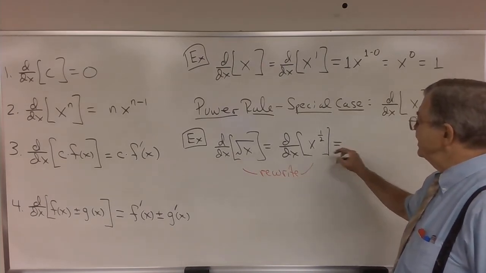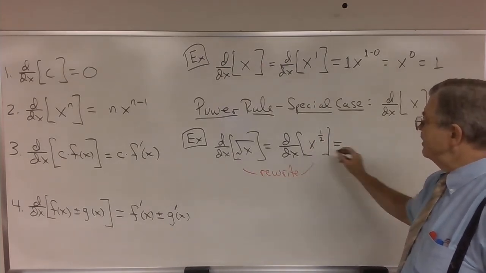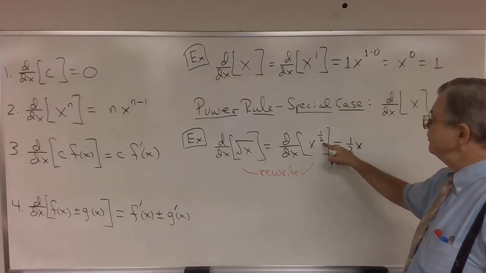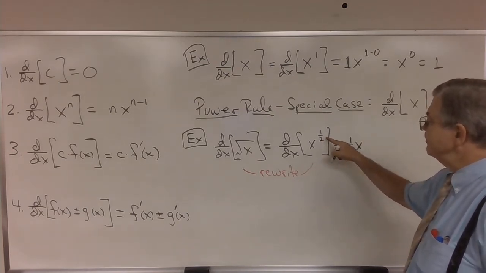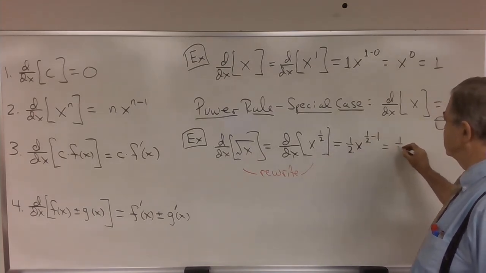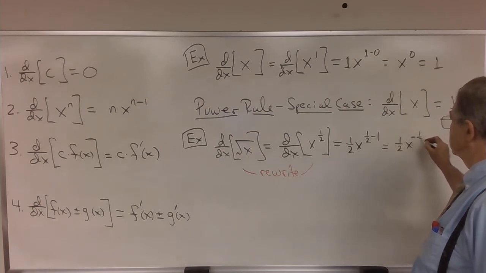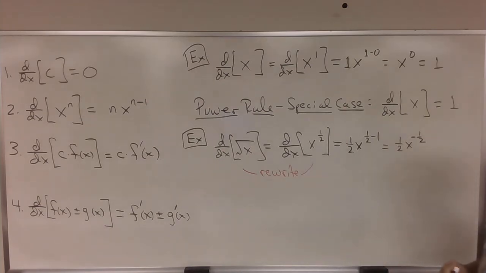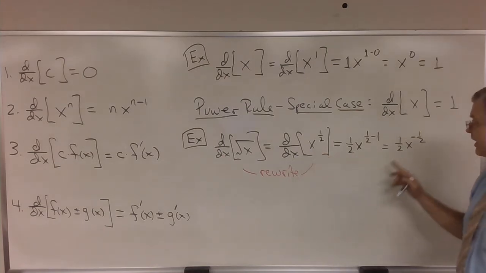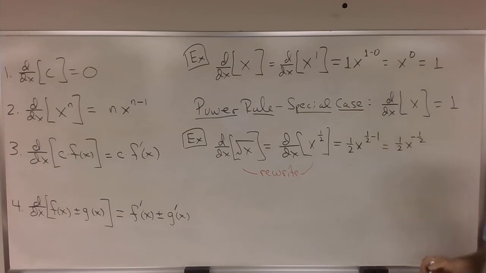The power rule says bring the exponent down front as a constant multiplier, then subtract 1 from the exponent. This is how we compute the derivative of the square root of x. We rewrite it as x to a power, and then we do the power rule.